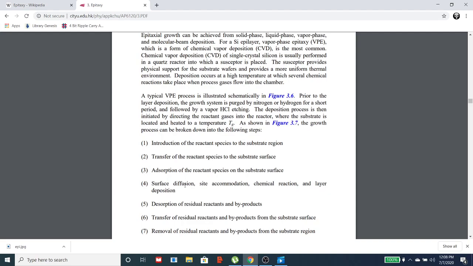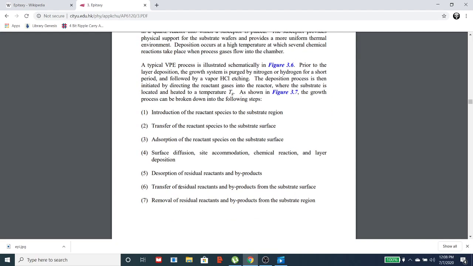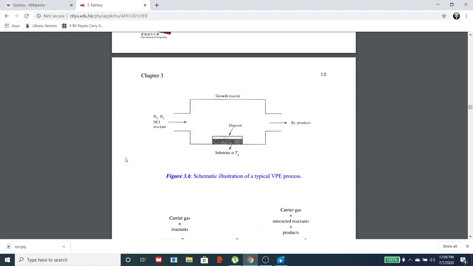Then there is surface diffusion, site accommodation, chemical reaction, and layer deposition. Desorption of residual reactants and byproducts, transfer of residual reactants and byproducts from the substrate surface, removal of residual reactants and byproducts from the substrate region. These are the 7 steps that it goes through.